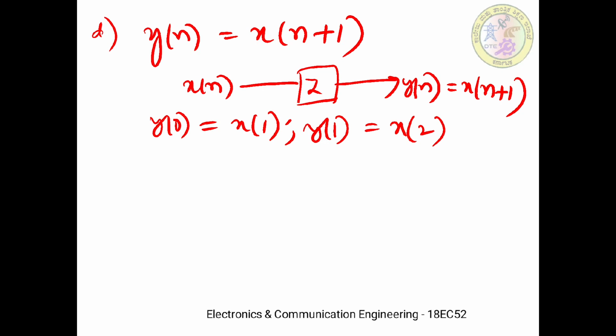Now with the help of various building blocks, so far we have seen from these examples that there is a delay element and an adder element. With the help of these basic building blocks, it is possible to sketch block diagram representations for different discrete time systems which describe various input output relations.